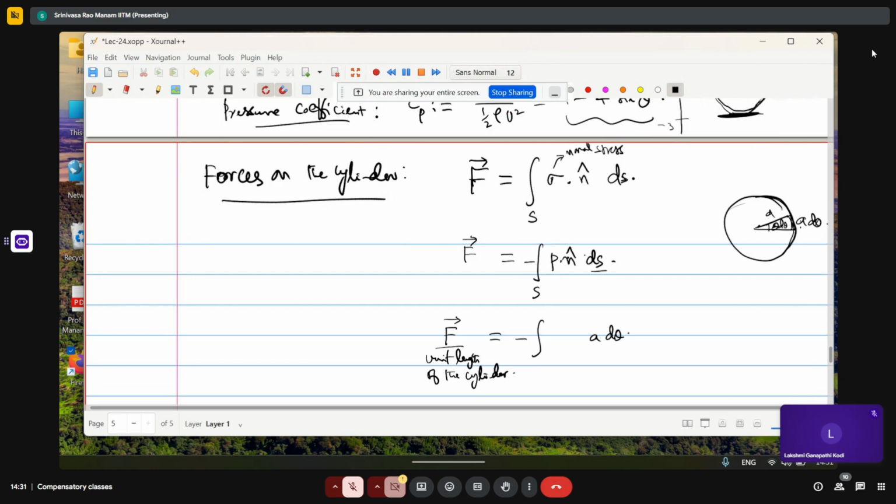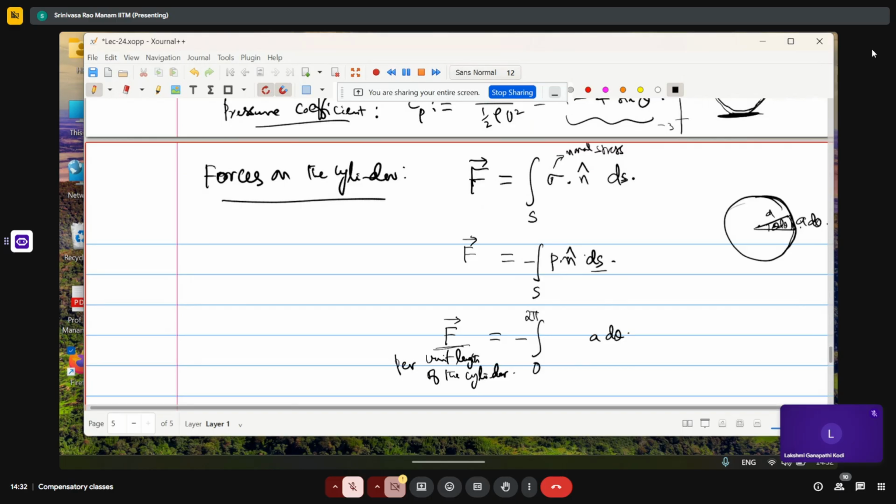So in the z direction, z to z plus dz will be 1, and over the perimeter you are integrating. That's the meaning of per unit. The force per unit length of the cylinder is basically, now you are integrating over theta, over the perimeter, 0 to 2 pi.